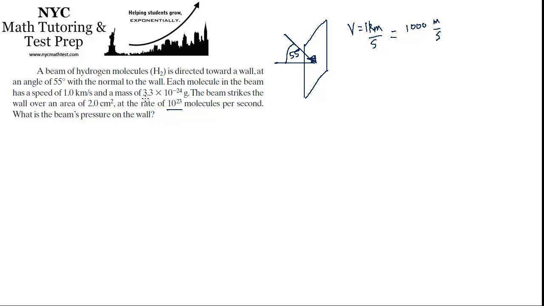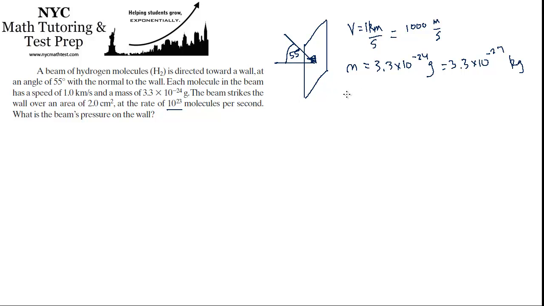The mass of each molecule is 3.3 times 10 to the negative 24th grams. So that's 3.3 times 10 to the negative 27th kilograms. A kilogram is bigger than a gram, so there's going to be less of them. 1,000 times fewer kilograms than grams, or 1,000 times more grams than kilograms because grams are smaller.